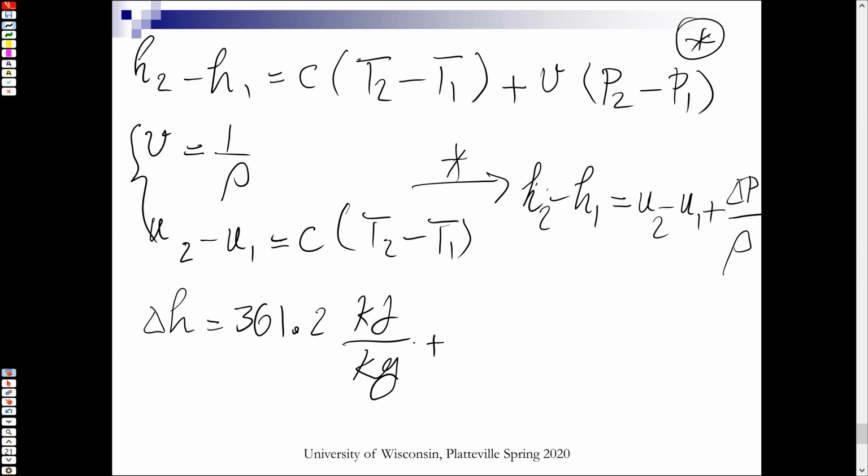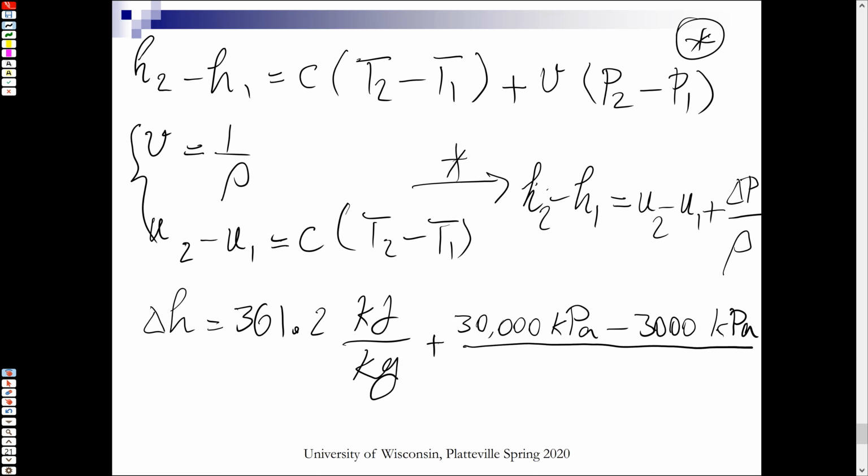Delta P was, final pressure was 30 megapascal, which equals 30,000 kilopascal, minus 3 megapascal, which was 3,000 kilopascal, divided by the density, 2,700 kilogram per cubic meter.